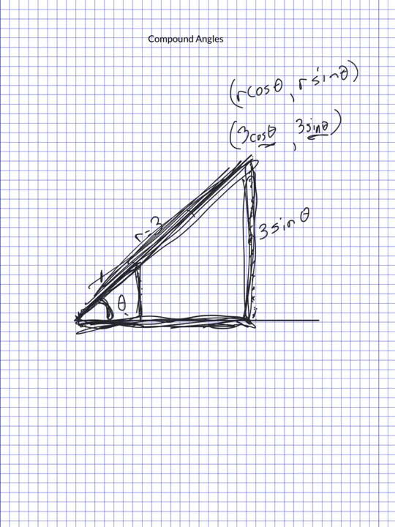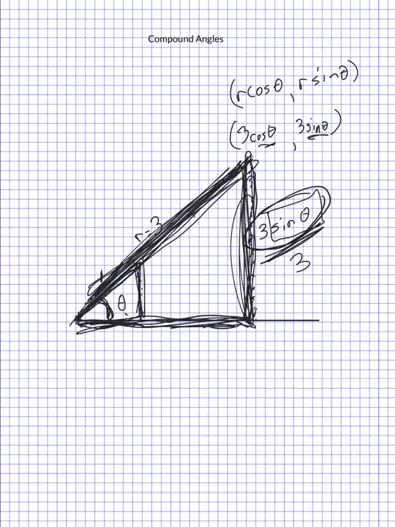Okay, and so we can say that the sine of theta is just this divided by r. Right? So it's whatever the height is at the end of your angle divided by the actual radius, which will give you this height right here, divided by 3, which will give you that height, which we know is the sine of theta.